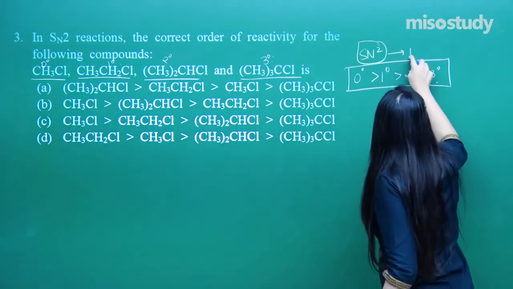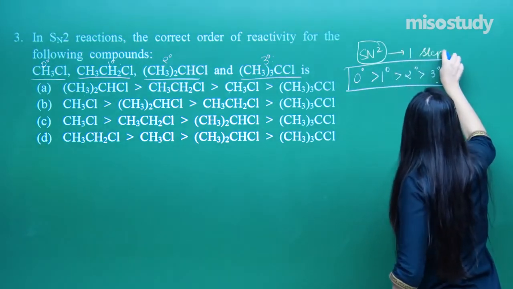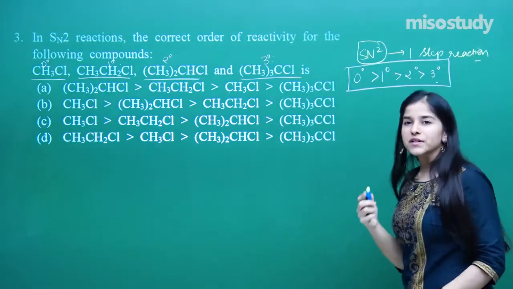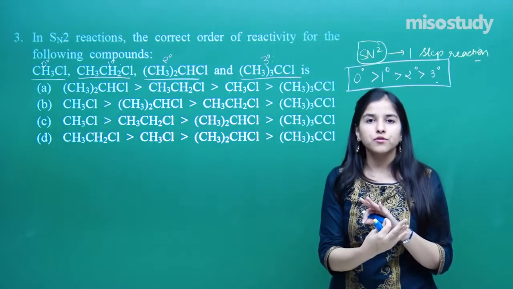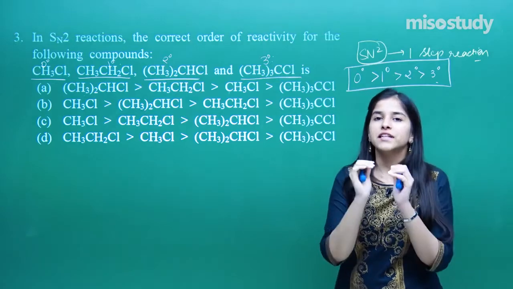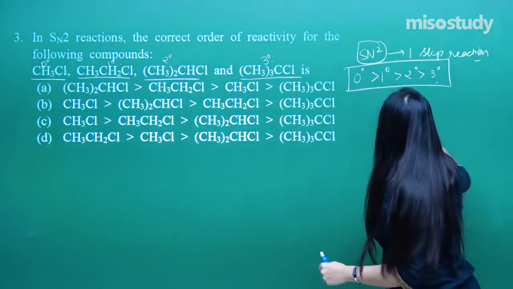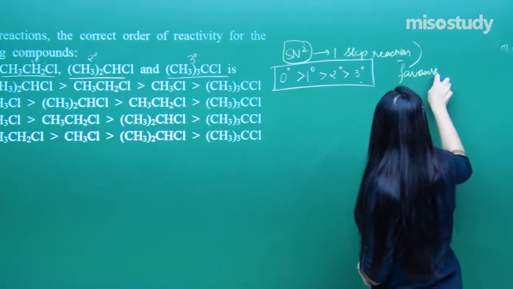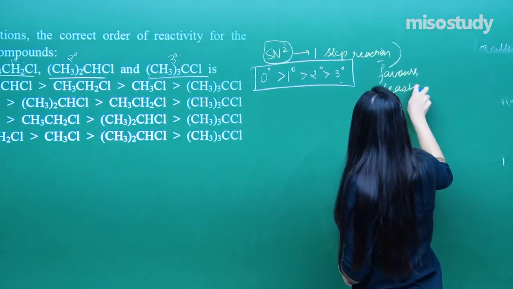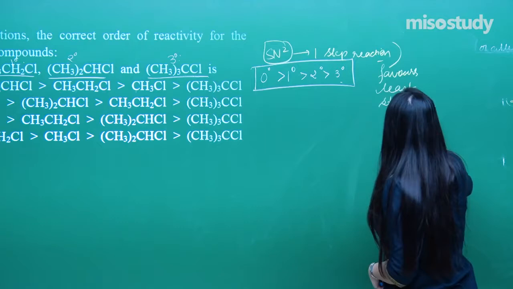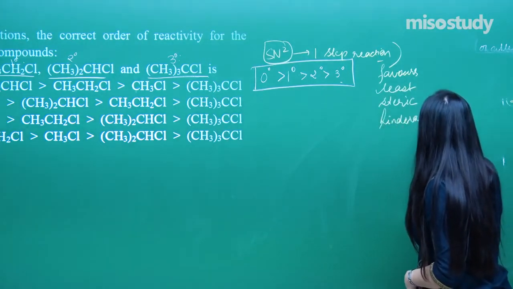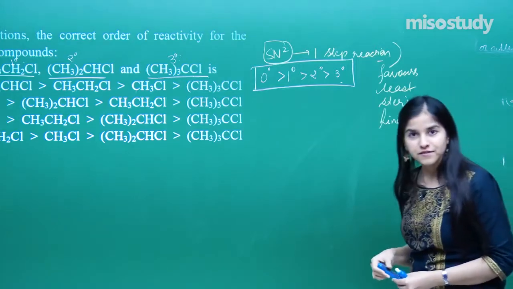Because SN2 is a one step reaction, so there is a backside attack of the nucleophile. That means I need to have the least steric hindrance. So it favors least steric hindrance, and that is what we need to have.